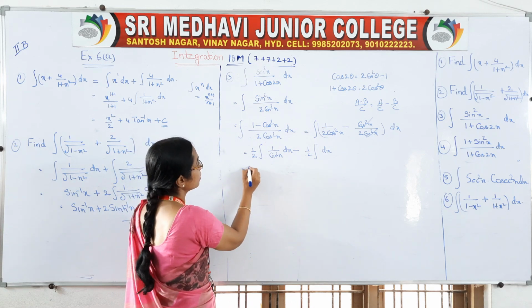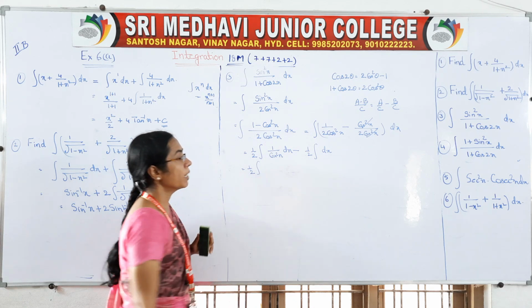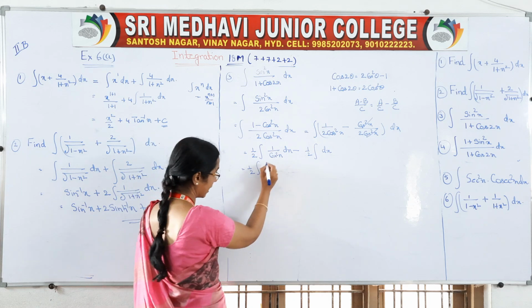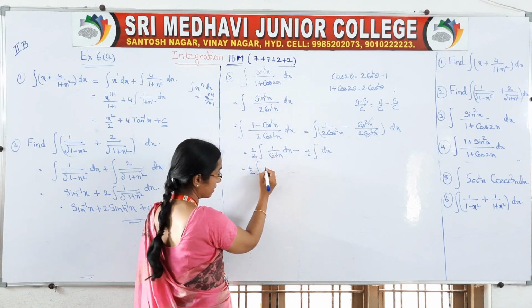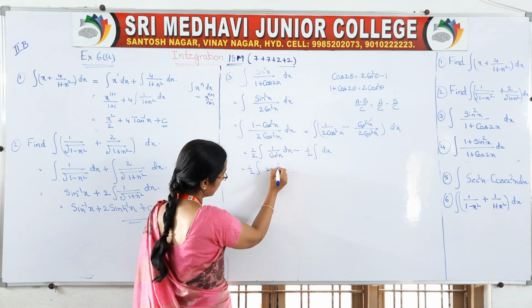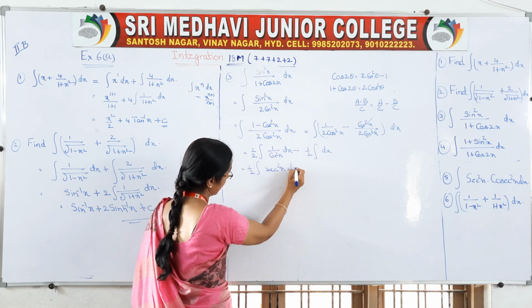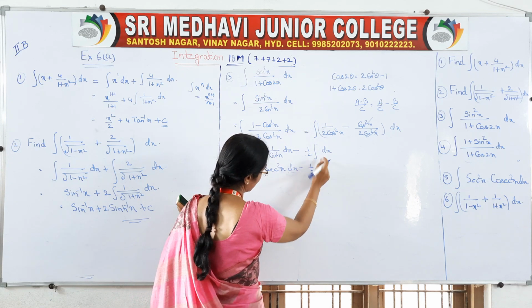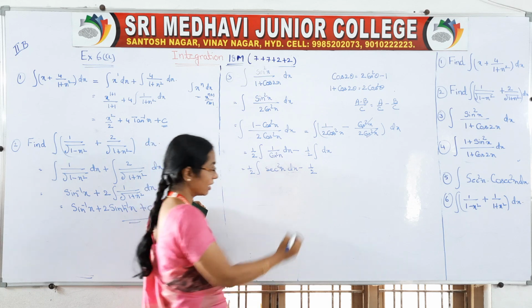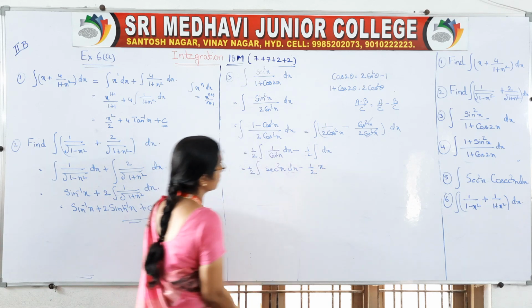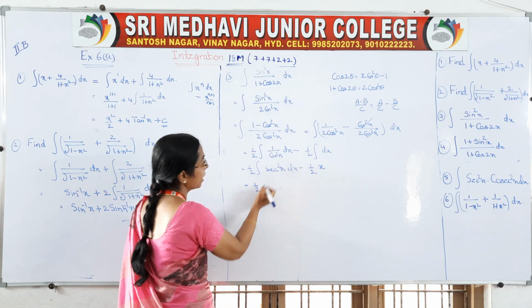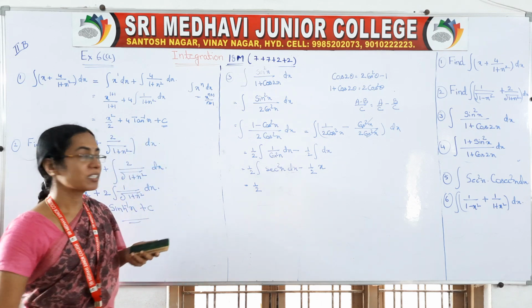So it is equal to 1 by 2. 1 by cos is secant, so 1 by cos square is secant square x dx, minus 1 by 2 integral dx, which is x, the first formula. So it is equal to 1 by 2 integral secant square x dx.